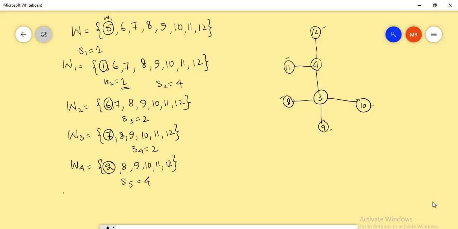Once again, we find the set W5 of terminal vertices. So it is now 8, 9, 10, 11, and 12. So we find the label of the unique vertex adjacent to vertex 8, and the label of that vertex is 3. Hence, S6 is equal to 3.